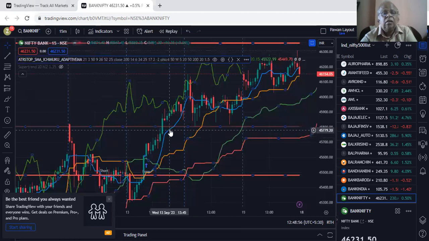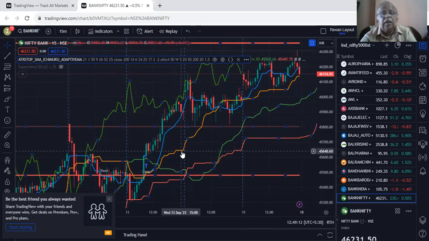Then the blue line which you are seeing is known as Tenkan span, Tenkan-sen, or seen as the conversion line. Whereas this orange line is known as Kijun-sen.